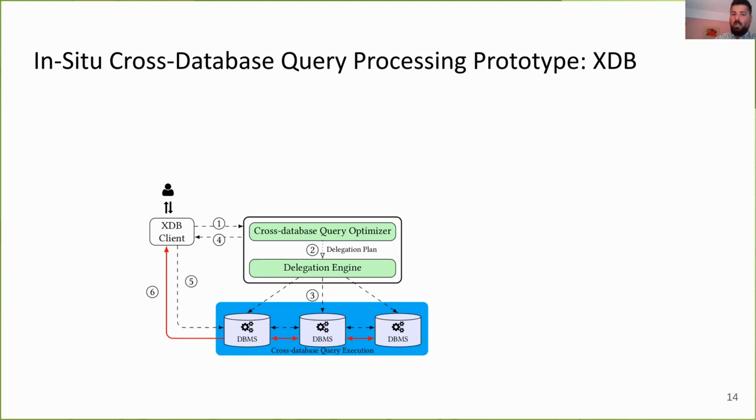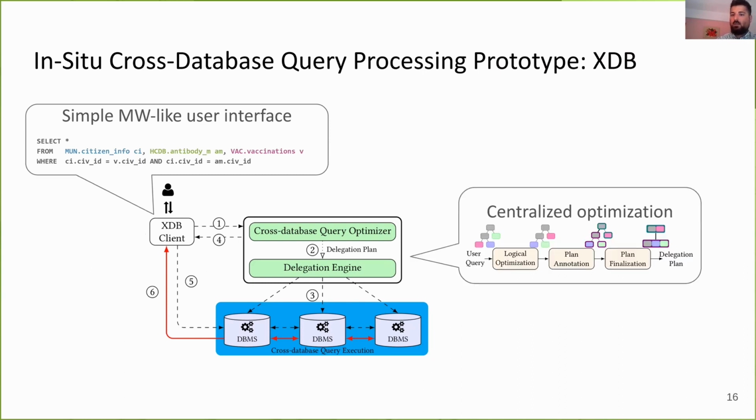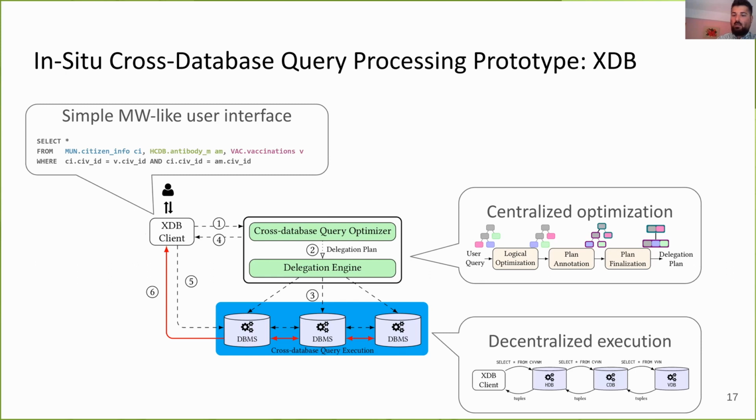XDB is actually a thin middleware, and it offers a mediator-wrapper-like user interface. So essentially, it's a drop-in replacement for your existing queries. And we have a centralized optimization approach. We optimize the queries in our middleware and delegate instructions to the underlying DBMSs such that they can then execute the query in a decentralized fashion. How this works, I'm going to show you now.